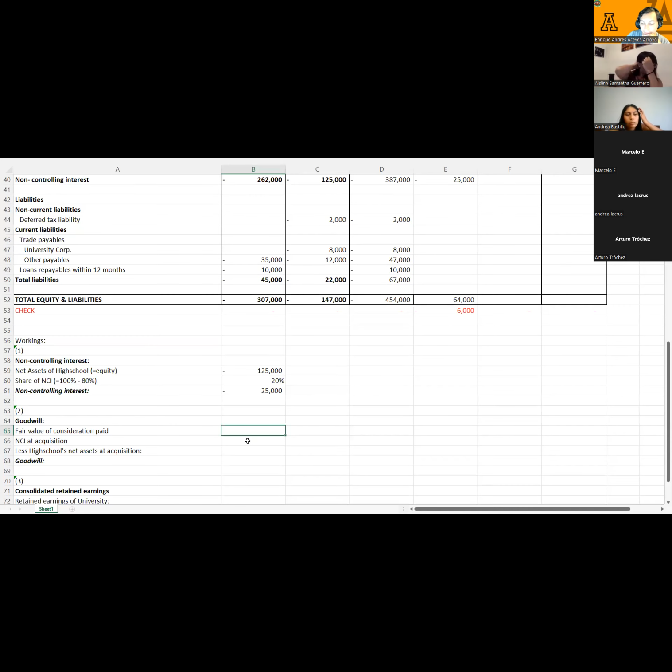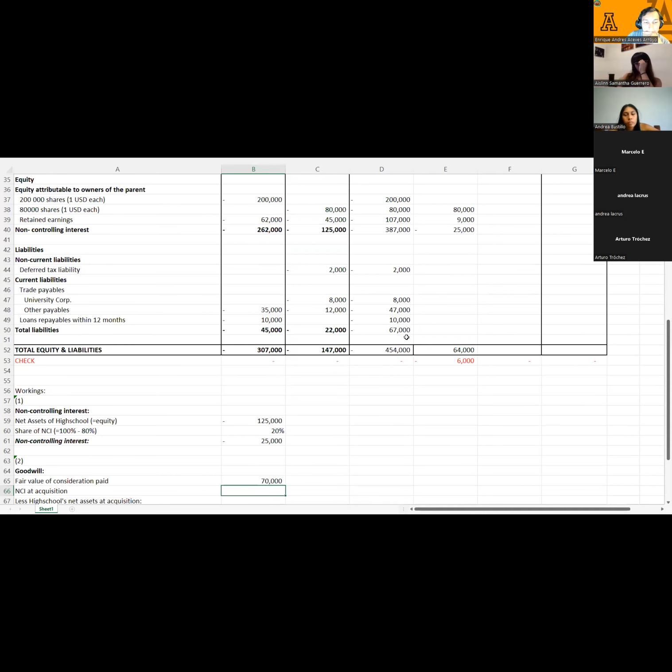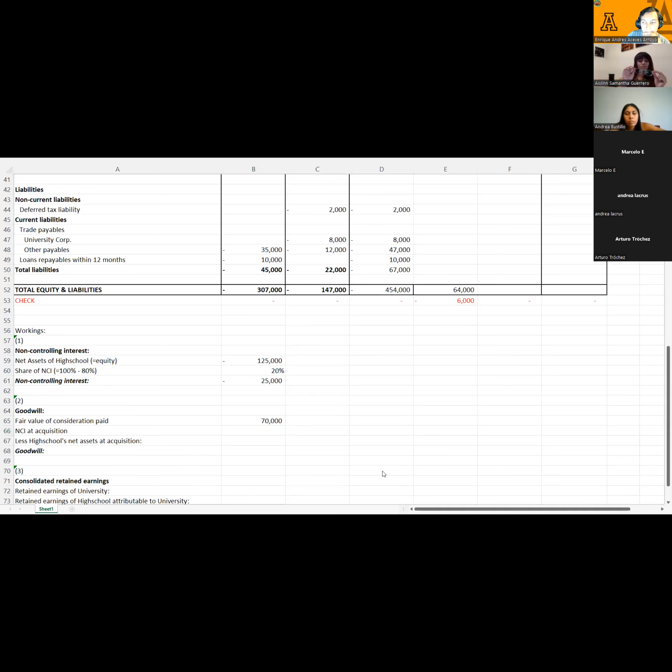So let's see. The fair value of the investment, you have it in here, guys, 70,000, okay? So the non-controlling interest at the acquisition date is the equity.